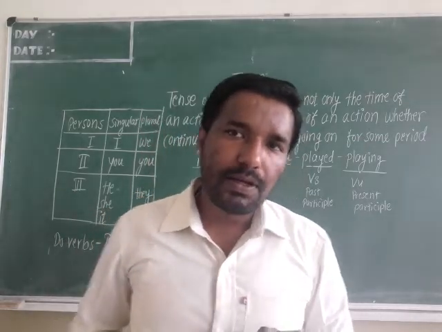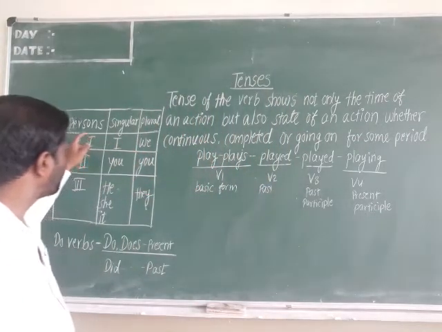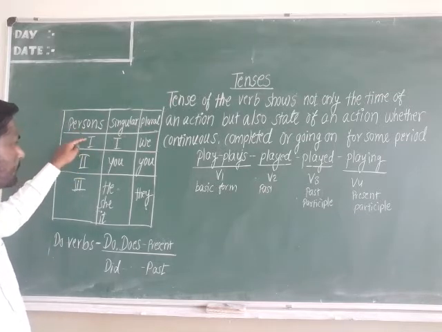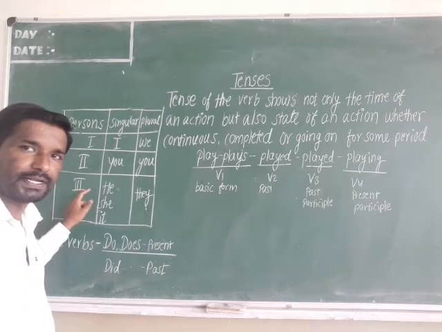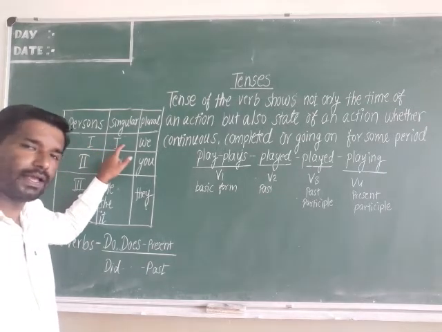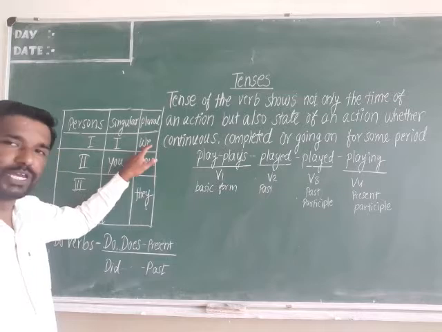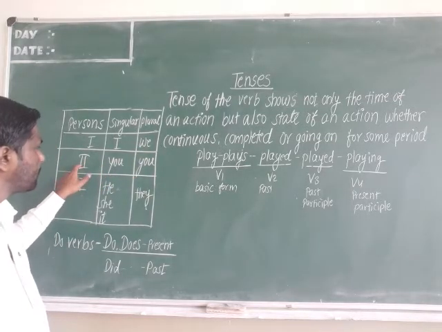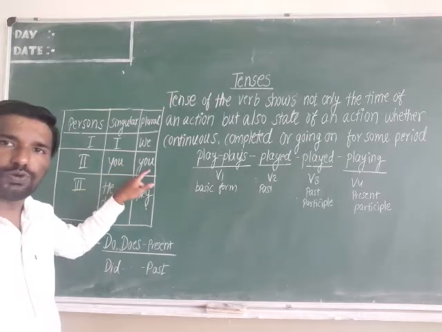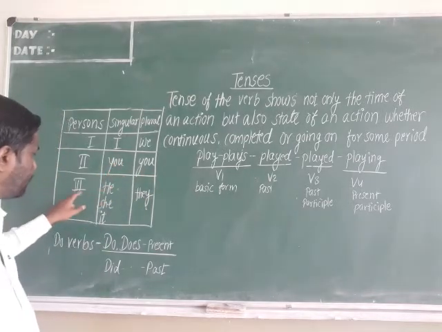And after that, you should know about the persons. In English, 3 persons are there: first person, second person, and third person. First person singular is I and plural is we. Second person in both it is you and you.